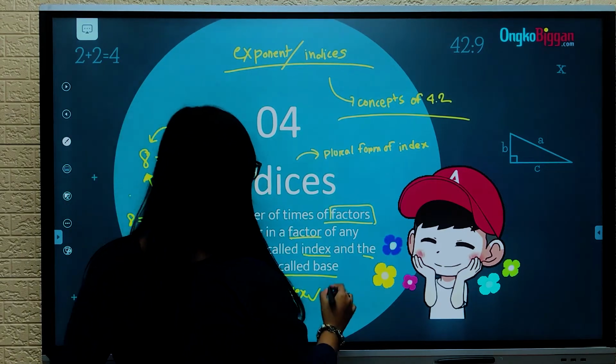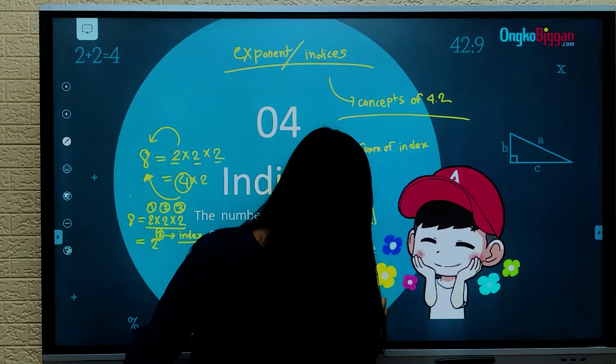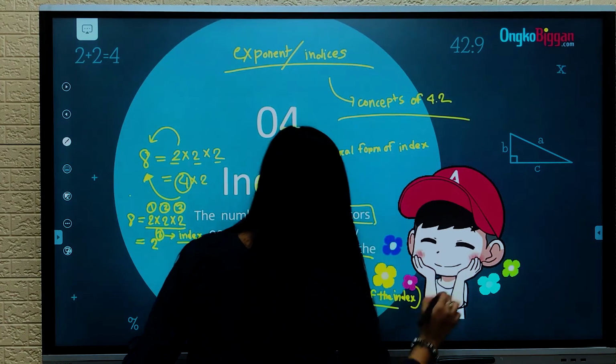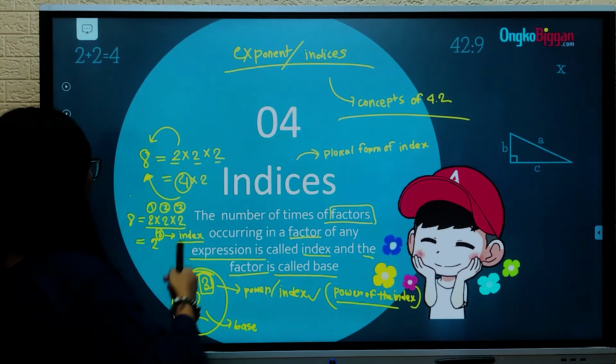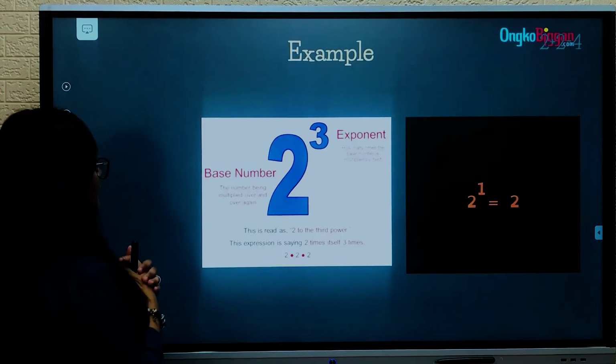Basically it's called power of the index, or index of the power, whatever you say, because power and index are basically the same thing. Okay, so let's move on.